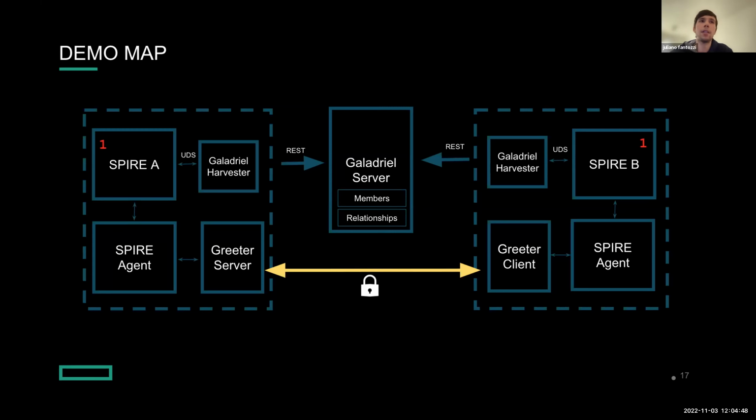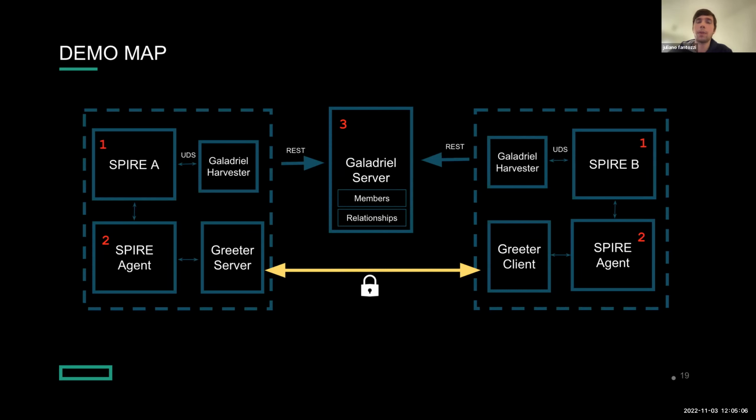This is all going to be run locally, but you could think that these are anywhere. Next, the SPIRE agents for each one of those as well. And the third step is also a deployment step: we're going to be deploying the GALADRIEL server.